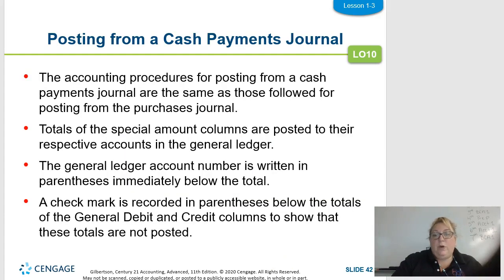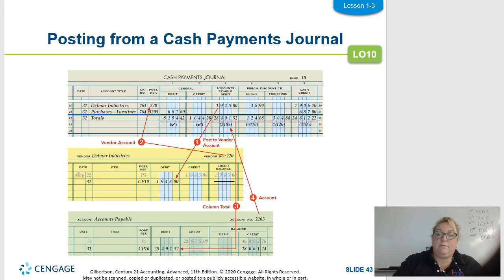So posting. Remember, individuals are posted weekly, totals are posted at the end of the month. So my Delmar Industries, my purchased furniture, those are posted individually during the week. My totals at the end, if you look on the 31st, my general debit and credit totals have check marks under them because I don't need to post those, because those are the individuals.